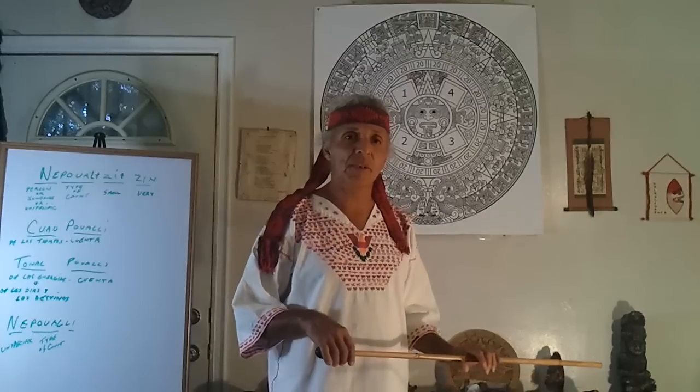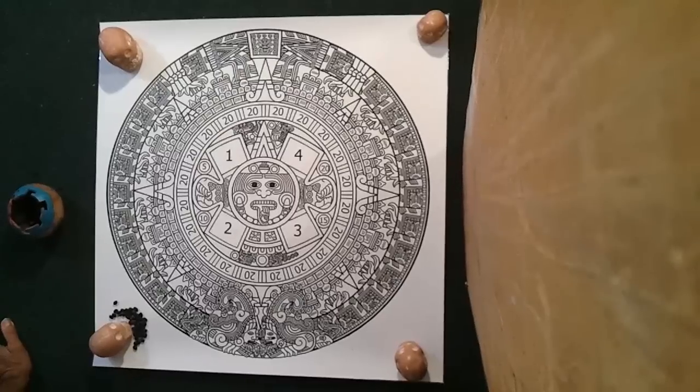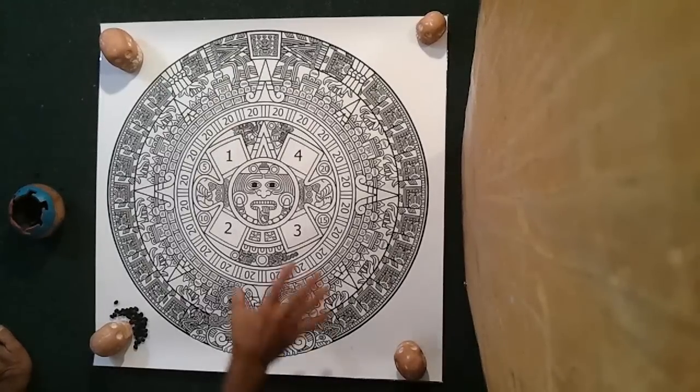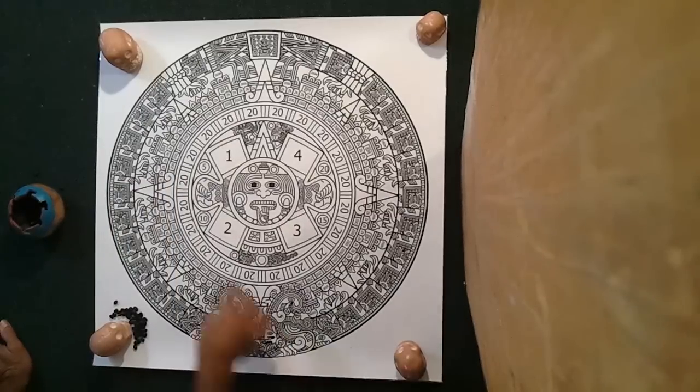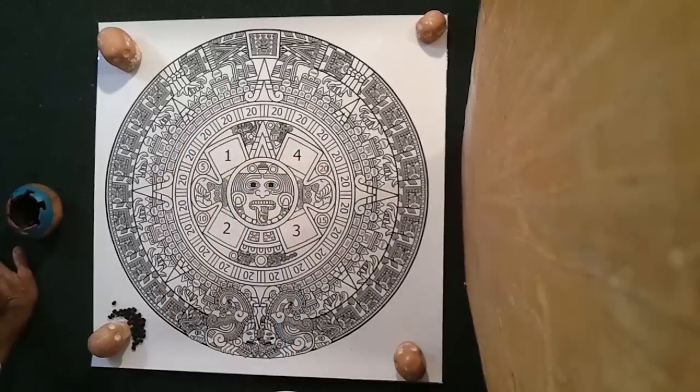We'll transfer over to this next picture here. In front of you is what appears to be the Aztec calendar, but it has numbers in it. If you notice, you have 7 different, somewhat circles.